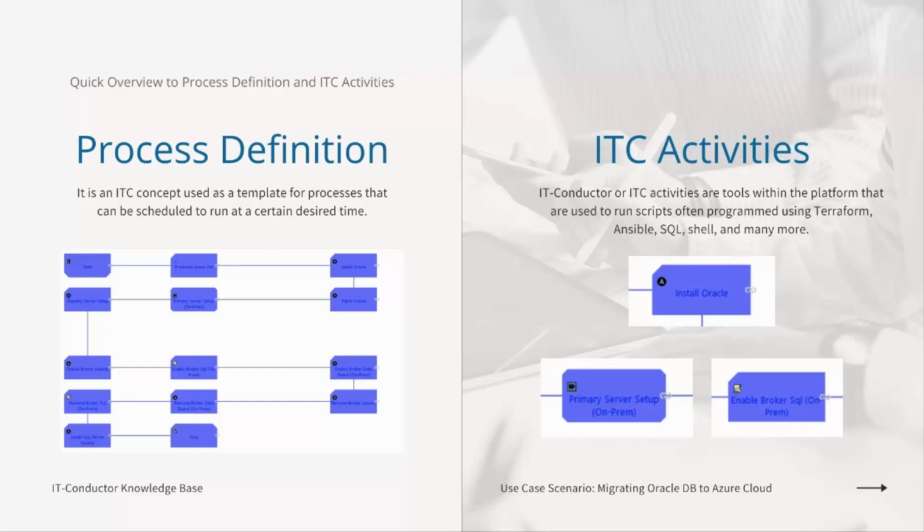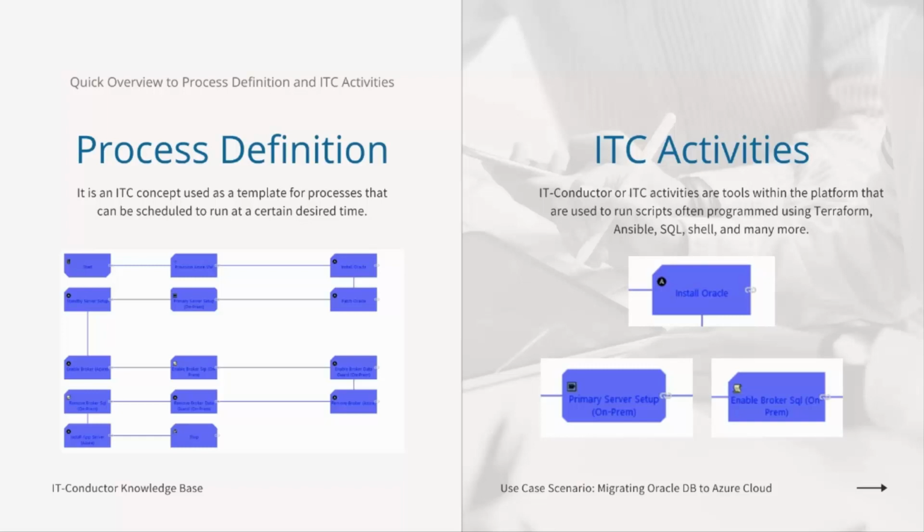Process definition is an IT-Conductor or ITC concept used as a template for processes that can be scheduled to run at a certain desired time. It is developed for the purpose of eliminating the complexities when executing different activities in SAP systems.